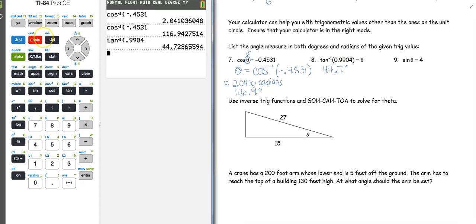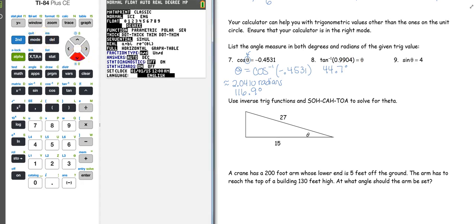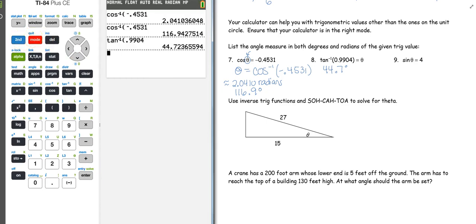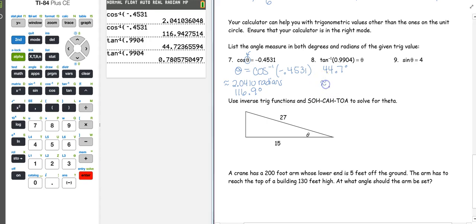Now I'm going to go to my mode and switch it to radians. I quit out of that screen, hit second mode. I want that exact same problem again, so second enter. Hit enter again, and that's going to be about 0.7806 radians. All right, go ahead and hit pause, and I want you to do the last one on your own.